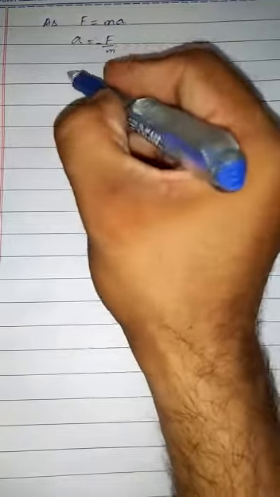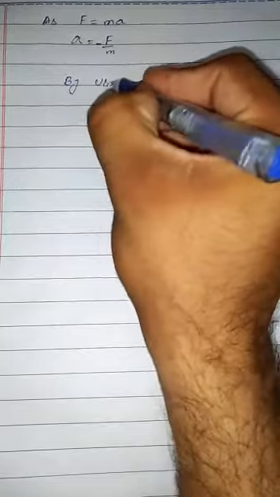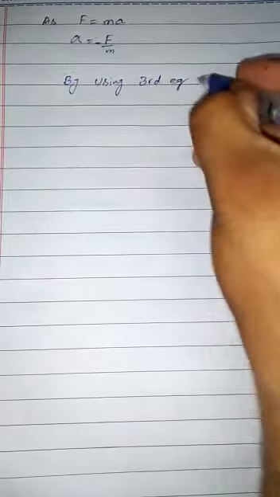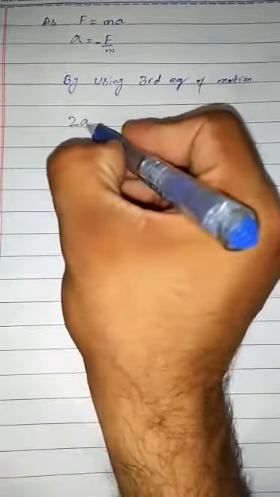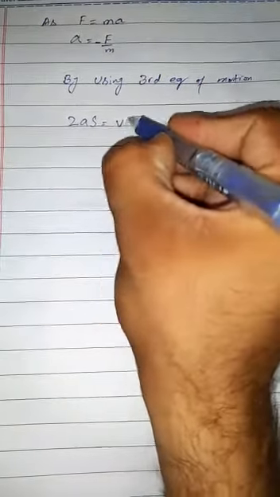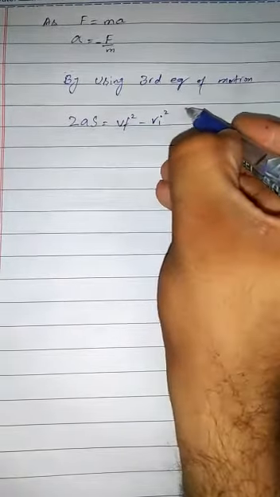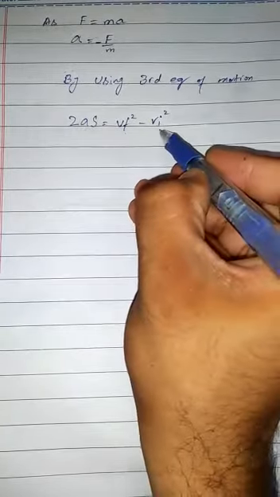Now, using the third equation of motion, 2as is equal to vf square minus vi square. We have the values of acceleration, final velocity and initial velocity.